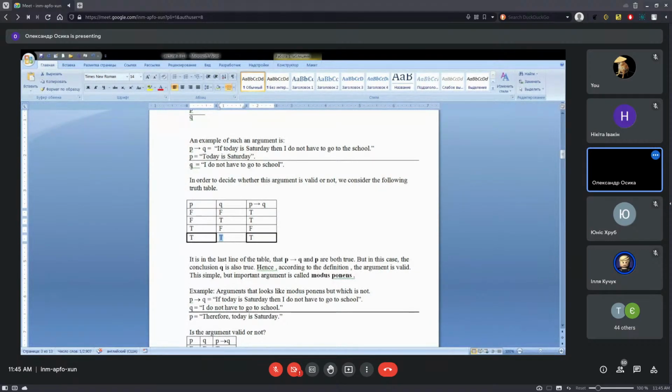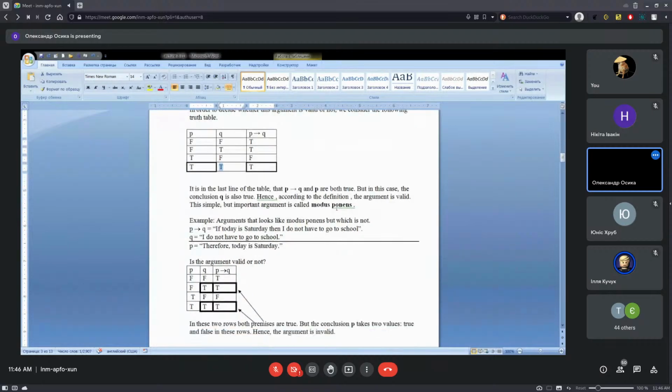We cannot say anything against such a solid, reliable proof. Example: arguments that look like modus ponens, but which are not.